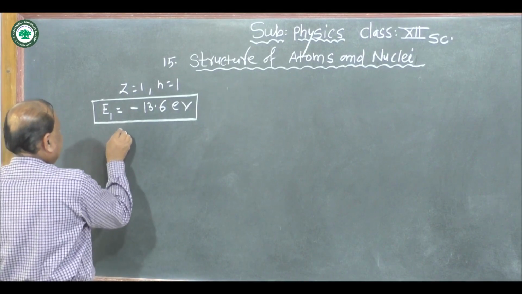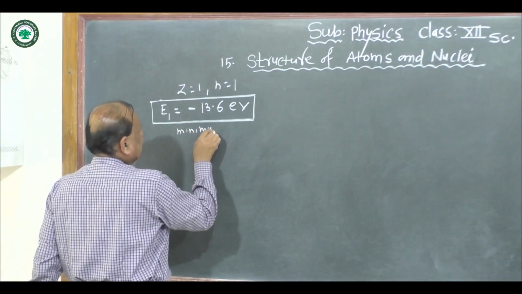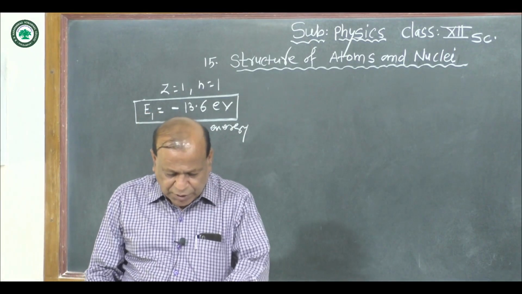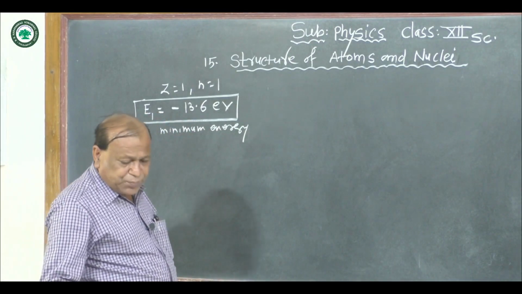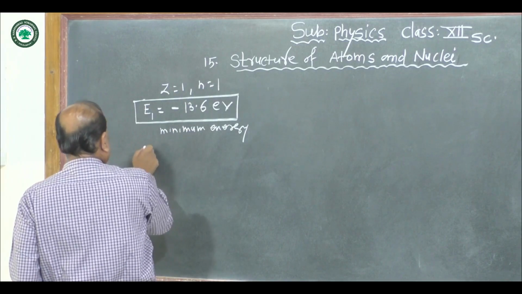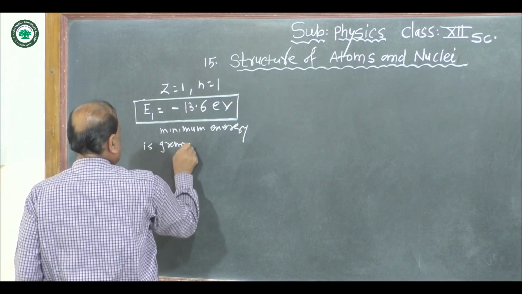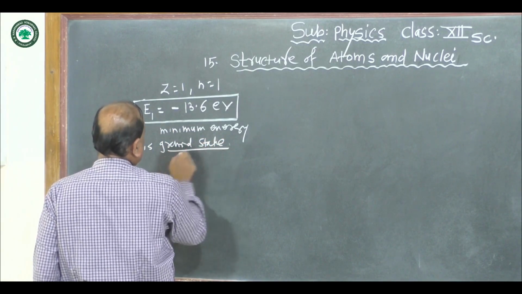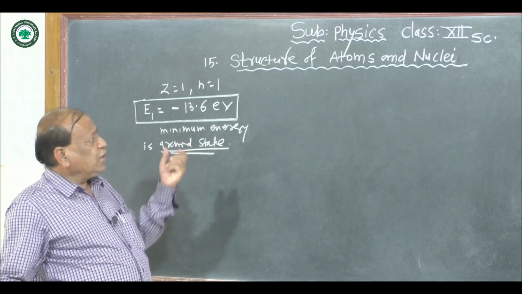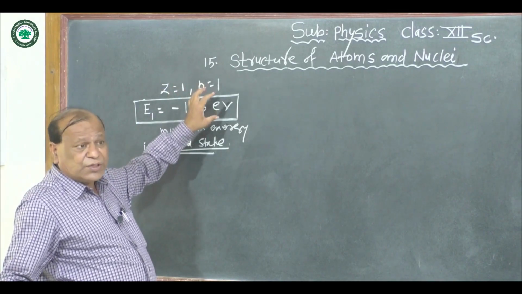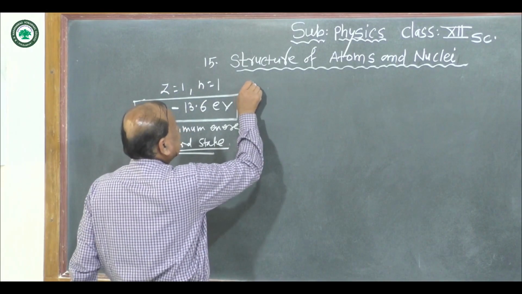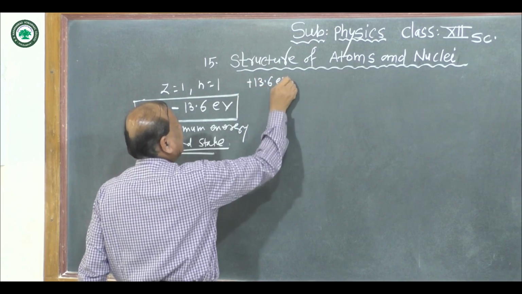Now, this is the minimum energy. This minimum energy is called the ground state of the atom. Means if we have to free the electron from the first orbit of the H atom, the energy required is equal to plus 13.6 eV.